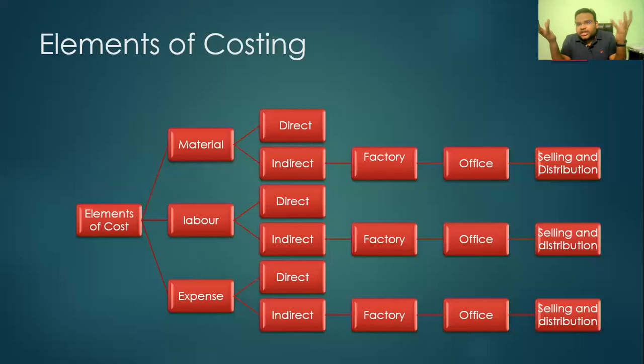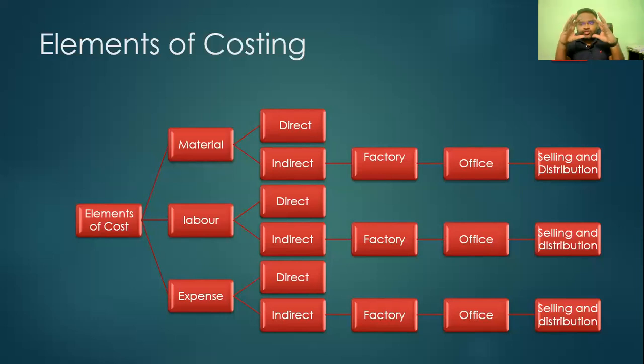Now, what would be the indirect material there? For example, for machinery, you may use some tools and consumables, some repairs, nuts, bolts. Those are also material, but they are not directly used in the production process, and we don't get the product from them. They are used as supplementary. Those we call indirect material.